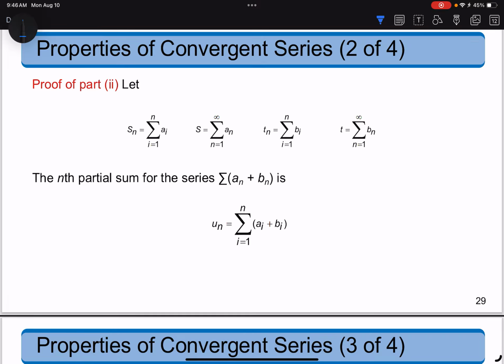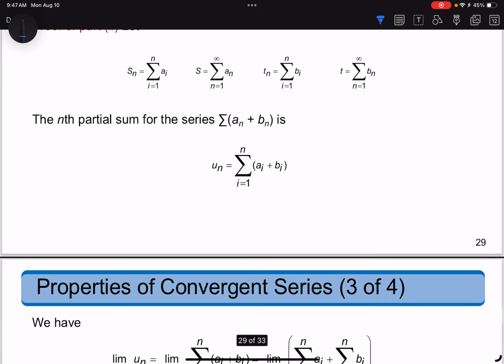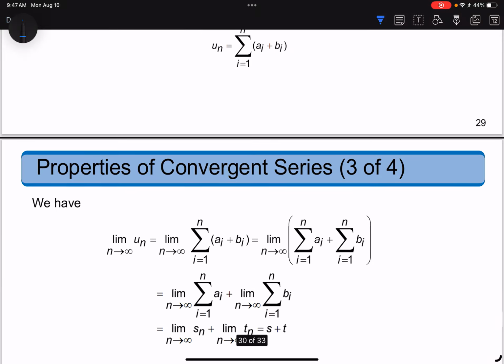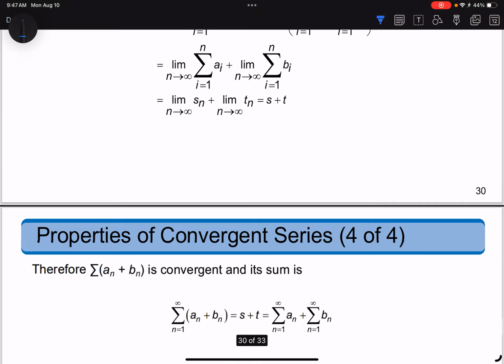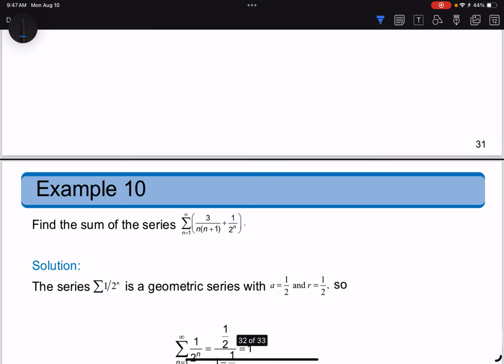So the nth partial sum for the series summation of a sub n plus b sub n is the summation of a sub i plus b sub i. So if the summations of a sub n and b sub n are convergent, then the sum of the components would also be convergent.